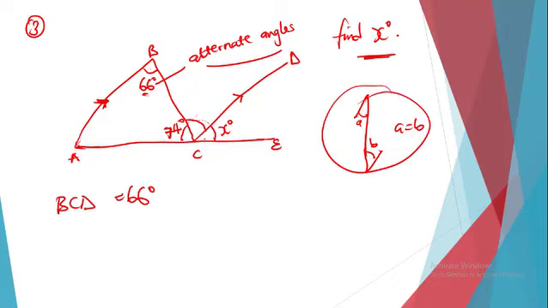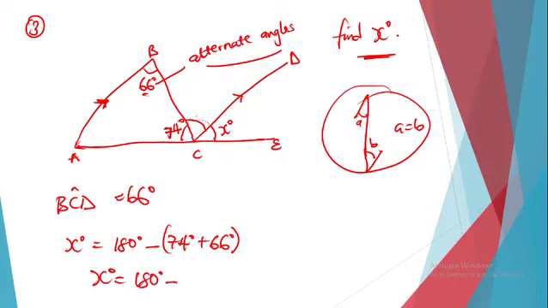So if angle at C is 66, then our X degree would then be equal to 180 degrees minus 74 degrees plus 66 degrees, and X degree will give us 180 minus 74 plus 66 will give us what? Will give us 140 degrees, and X then will be equal to 40 degrees. Okay, so we have this to be equal to 40 degrees.